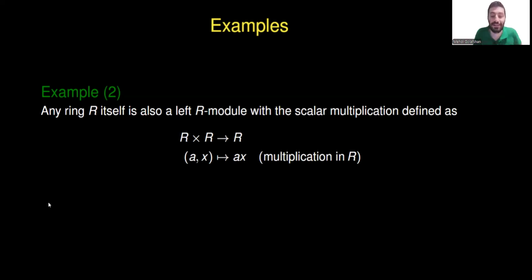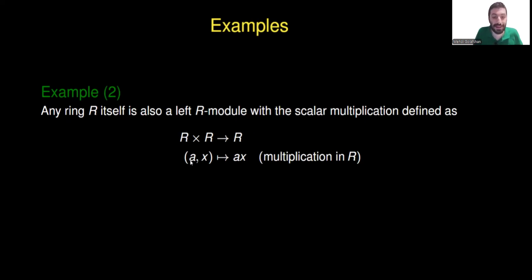You see that the scalar multiplication would be like here. Any ring R is a left module over R with the scalar multiplication defined as R times R goes to R, where all the elements are selected from the ring.